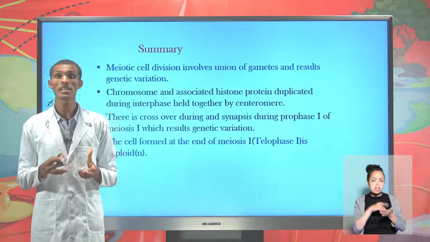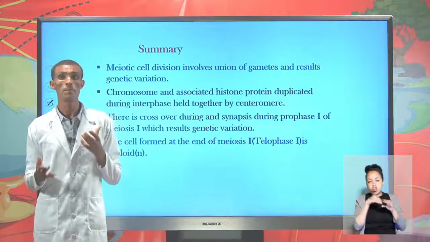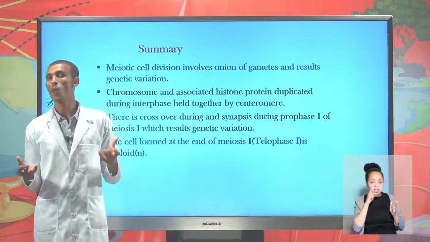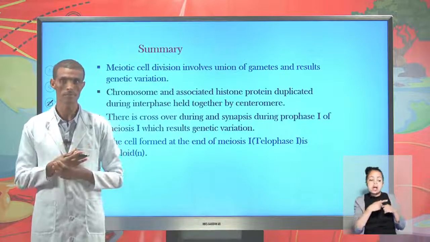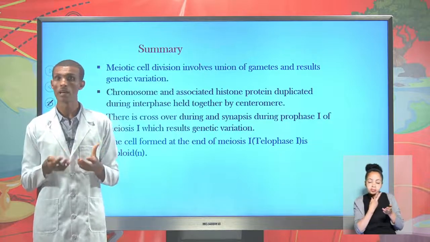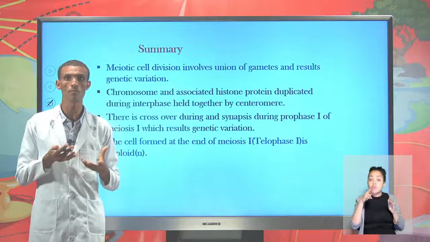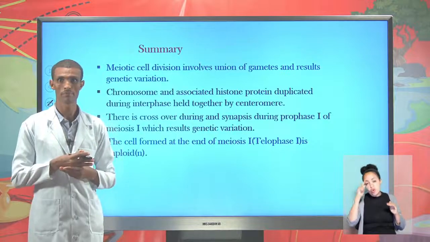We have also seen that in meiosis the original parental chromosome is duplicated, where the original and the copy are held together by the centromere. And we have seen that crossover and synapsis take place during prophase I of meiosis I, which is a reason for genetic variation.